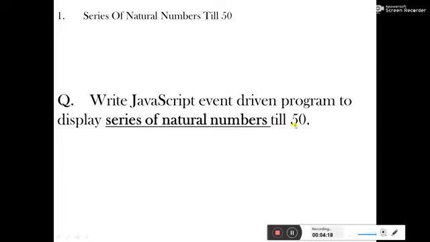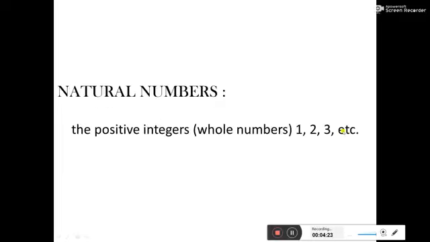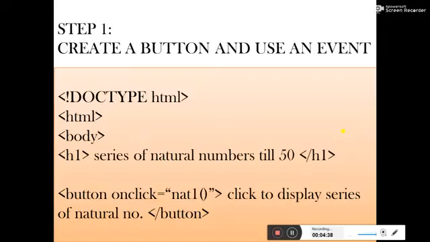That means from 1 to 50 you need to display all the natural numbers. Now see, what is a natural number? Natural numbers are all positive numbers or integers, or you can say the whole numbers, that is 1 2 3 4 5 6 like this. These are all natural numbers, the positive numbers.